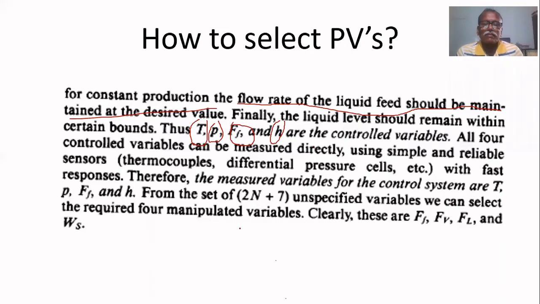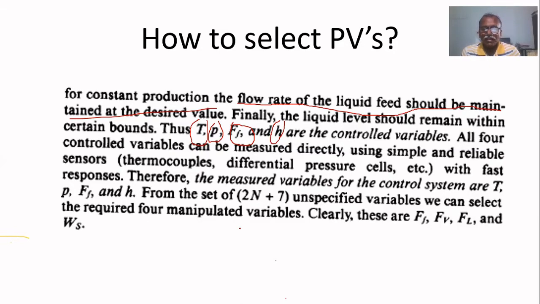Therefore, the measured variables for the control system are temperature, pressure, feed flow rate, and the level, from the set of 2n plus 1 unspecified variables.